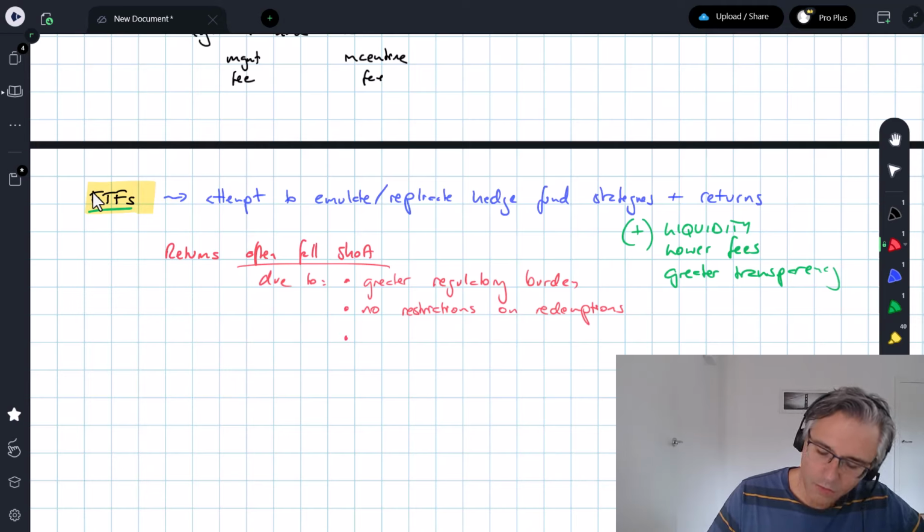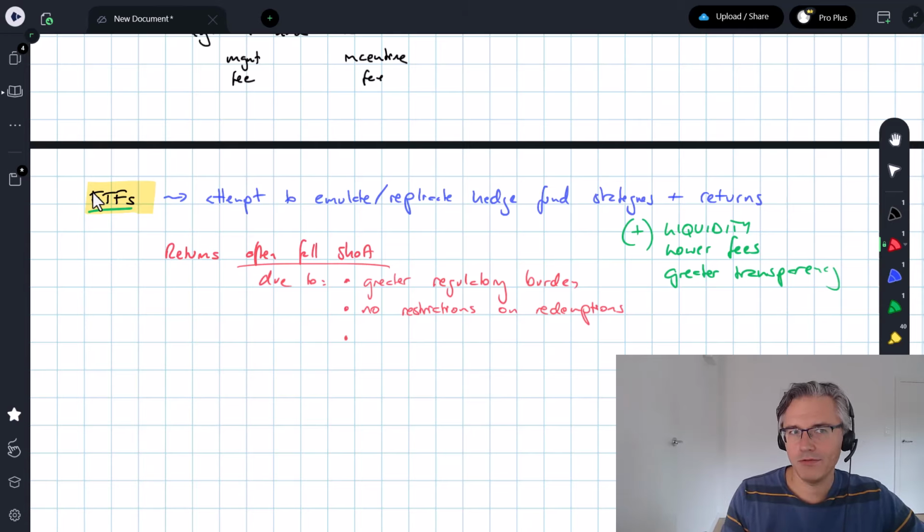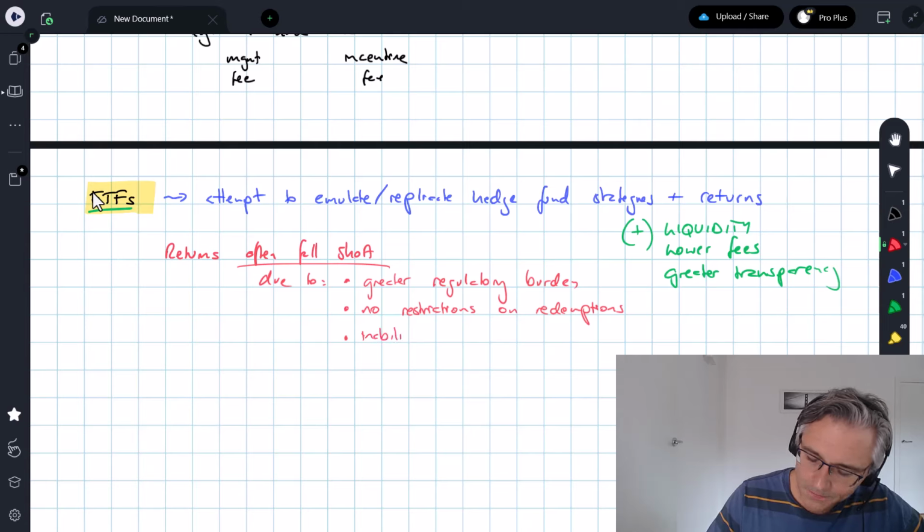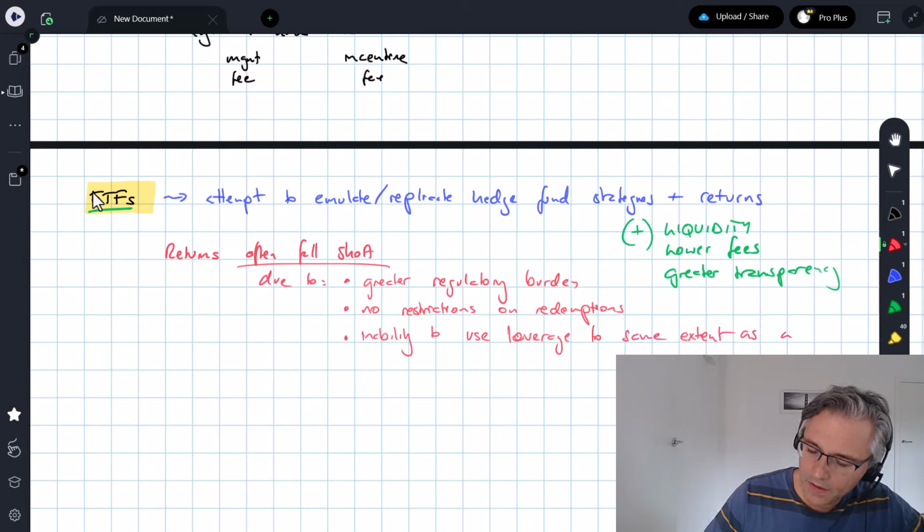And once again, because of the public nature of ETFs, they will not be as able as a typical hedge fund to use leverage, definitely not to the same extent. So, inability to use and rely on leverage to the same extent as an actual hedge fund would.